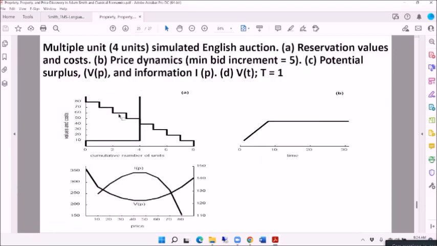Here's the demand, a step function coming down. And suppose we have four sellers all willing to sell at any price above 10. That would be the supply to this auction market. And in a multiple unit English auction, say 4 units, suppose some buyer bids 12 cents.